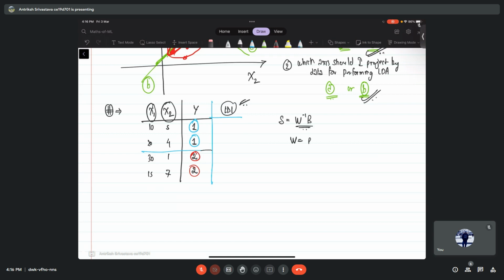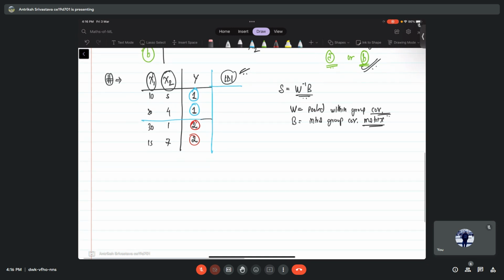W is the pooled within-group covariance matrix, and B is the between-group covariance matrix. Now we will see how we actually calculate this W and B.